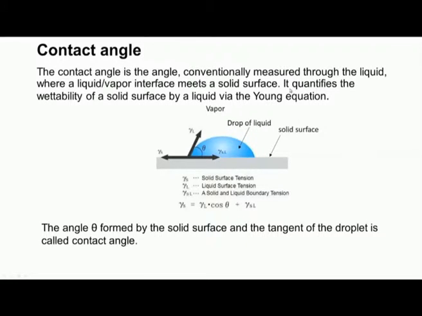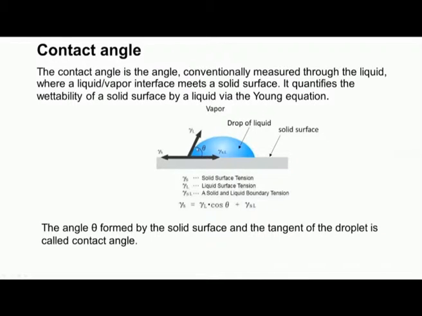This contact angle quantifies the wettability of a solid surface by a liquid via the Young equation. That Young equation is written here. We have the solid surface tension, liquid surface tension, solid and liquid boundary tension. All these factors are considered in this Young equation.